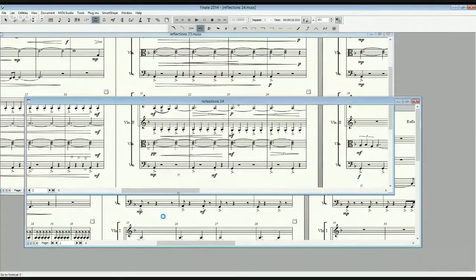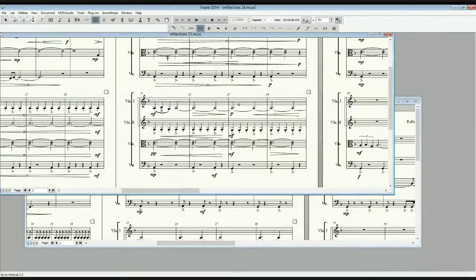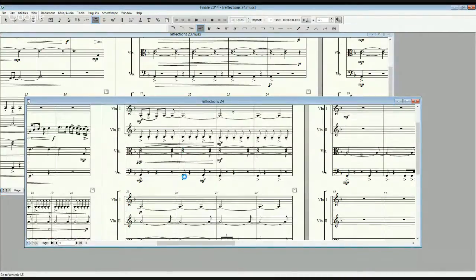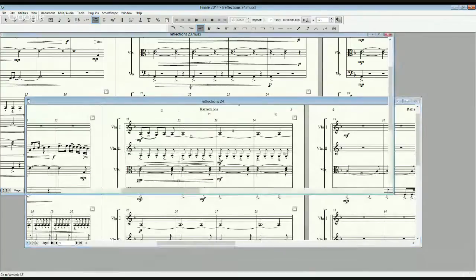Pianissimo, pianissimo, piano, piano. What's that? Crescendo what now?